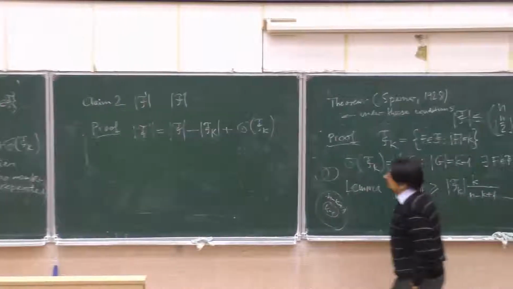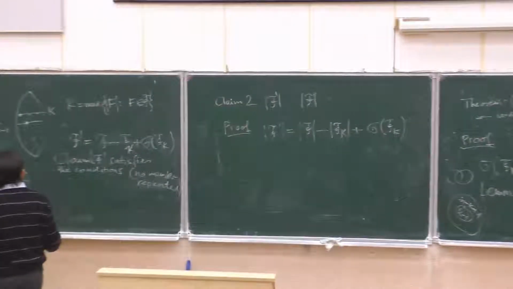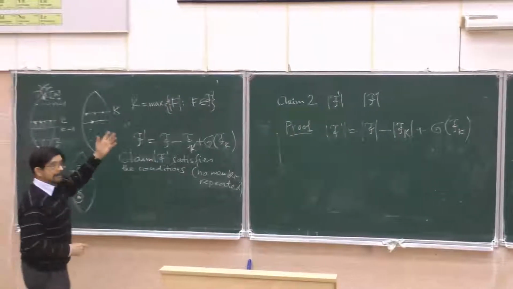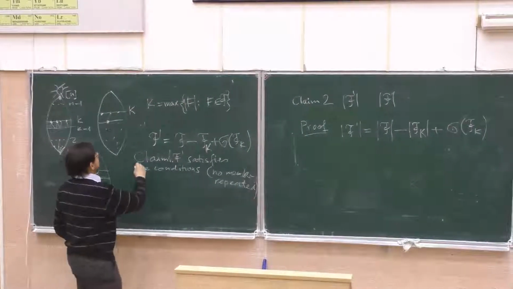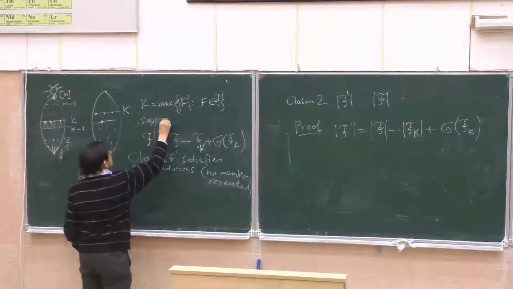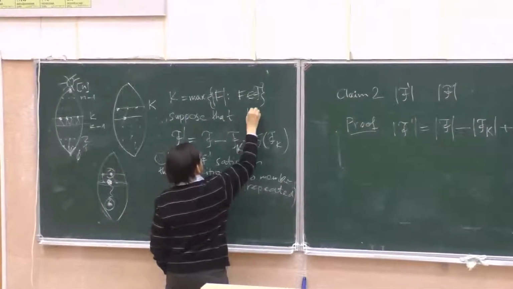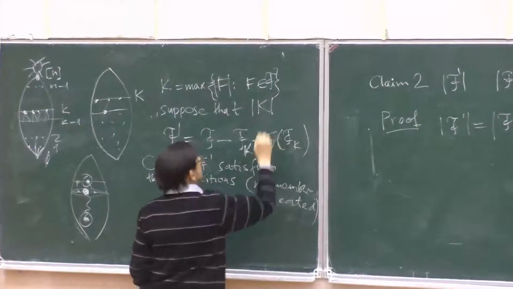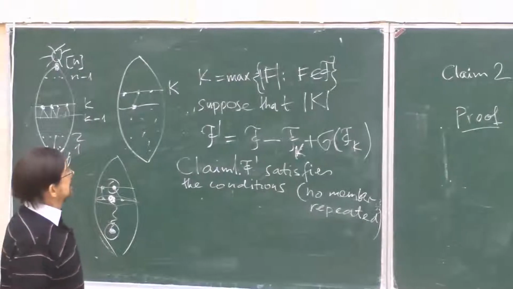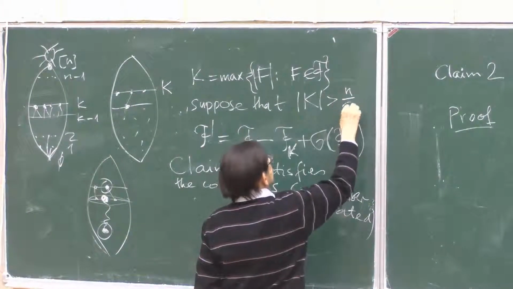So now I forgot, but it's not too late, to suppose that K is more than n over 2.